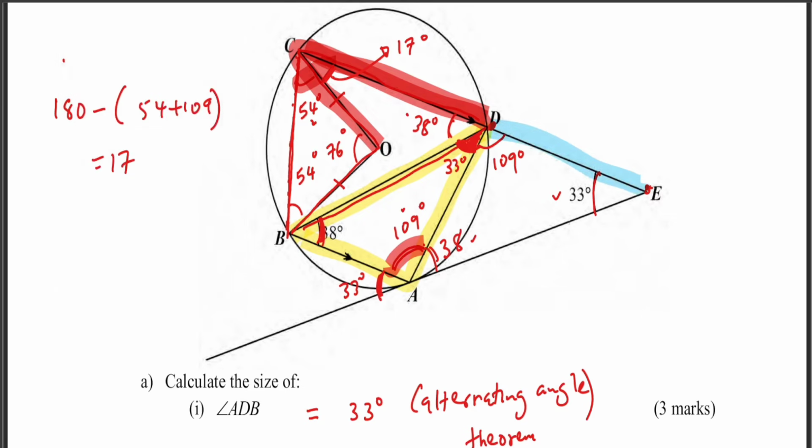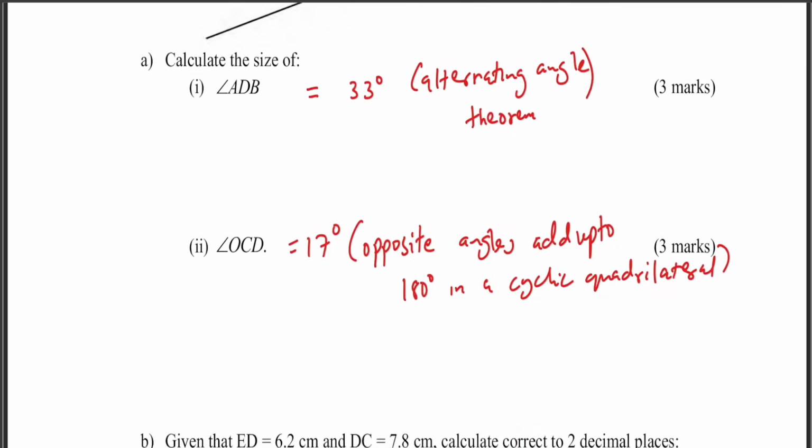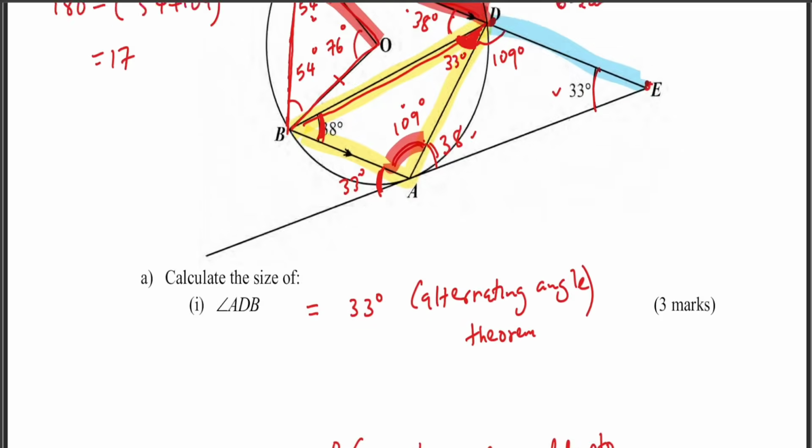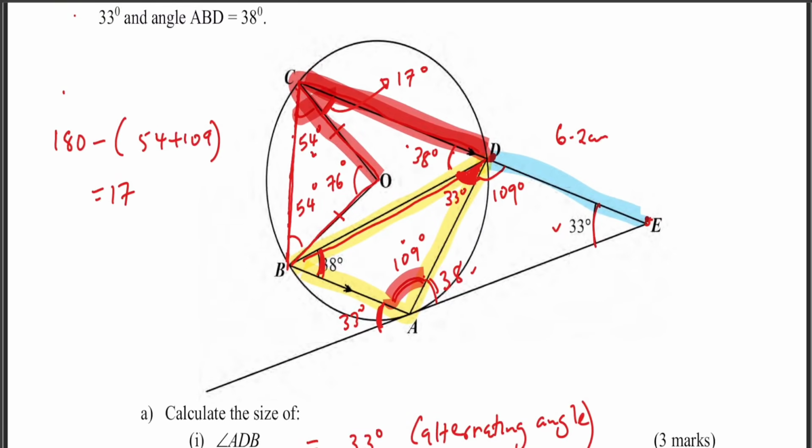ED is 6.2 centimeters, and there's another one, DC, which is basically here. DC is 7.8 centimeters.